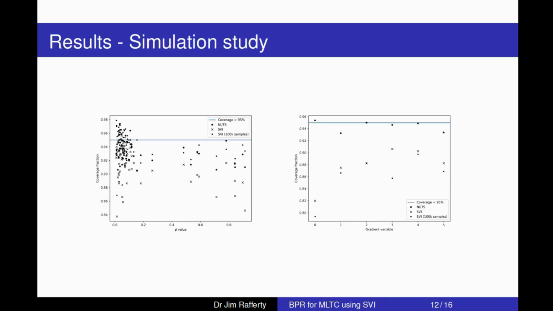I should also say that coverage is a measure of how well the uncertainties are captured in the model. A coverage of 95% indicates that 95% of the time, the true parameter falls within the 95% credible interval.